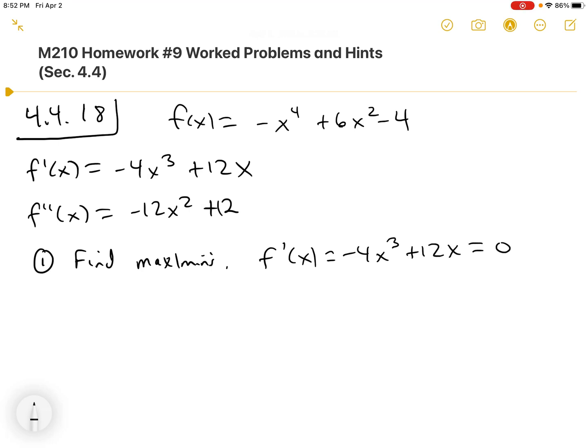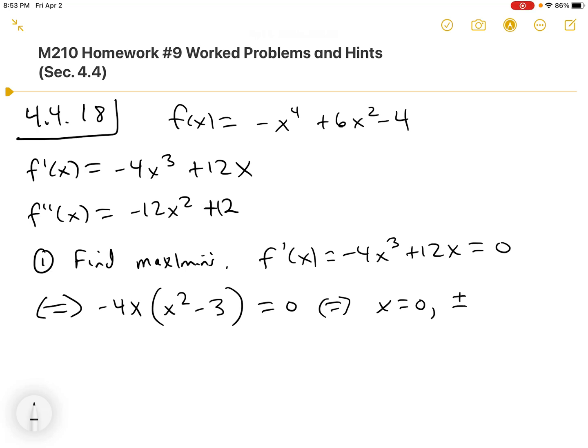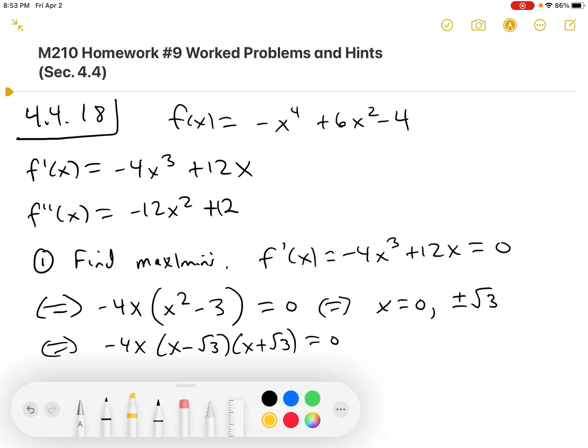We set that equal to 0, and that's equal to 0 if and only if, I'm going to factor a minus 4x out, and I'm left with x squared minus 3, and that's equal to 0 if and only if x equals 0 or plus or minus root 3. So because of the sign chart I'm about to make, I'm going to break this into bite-sized pieces. All right, and here we go.